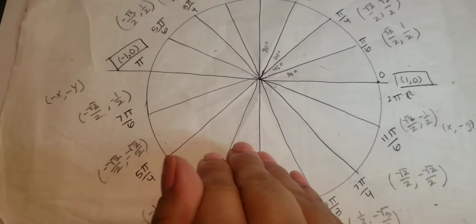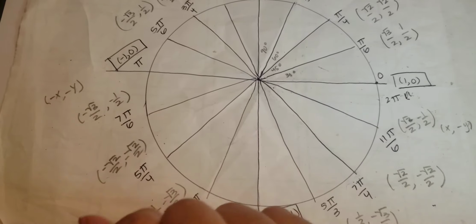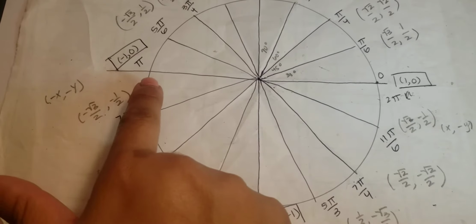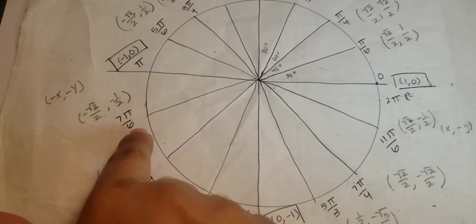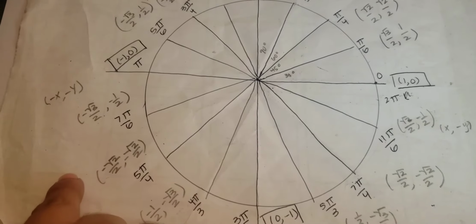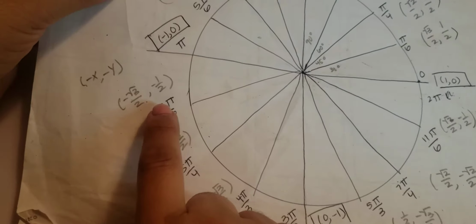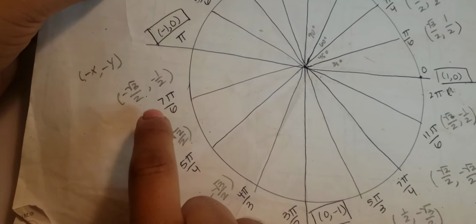Hopefully yours is all filled out. Otherwise, you can refer to the beginning of the book and fill in your degrees. At pi is 180, so 210 would be here at 7 pi over 6. We want sine and cosine of 210. Sine would be negative 1/2 and cosine would be negative radical 3 over 2.